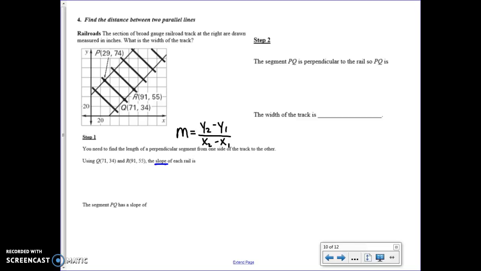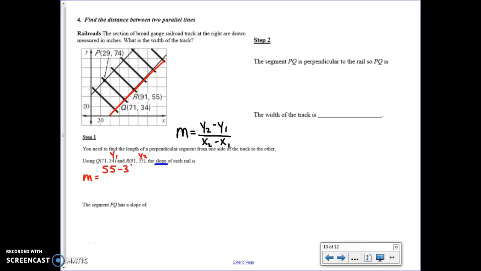So first, I'm going to find the slope of QR, since I have 2 points there. So the slope is equal to y2, so my y value is 55 for this one, and 34 for this one.